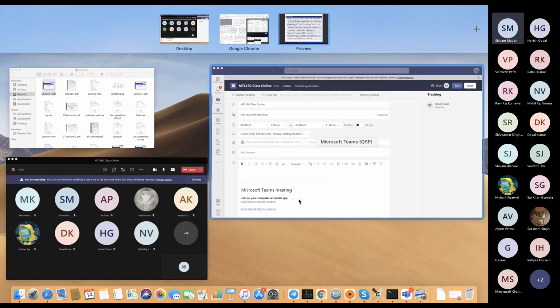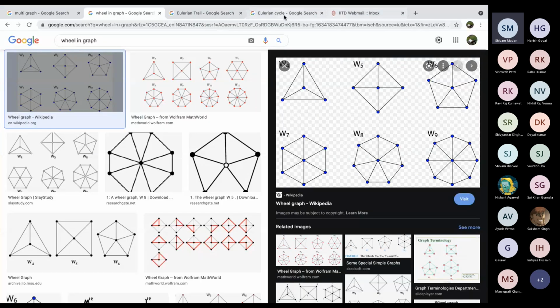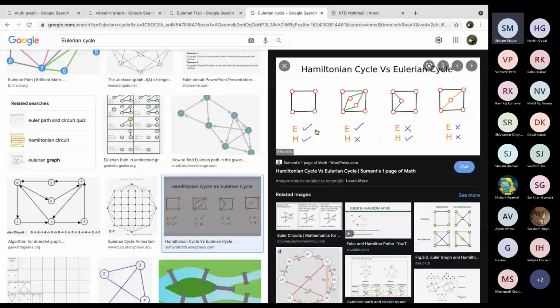Okay, we can see one I have. For an example, you can see this picture. Now E means Eulerian, H means Hamiltonian. Now see, if you take only this graph with 4 vertices, 4 edges, this is just a cycle. Now you can see that this is also an Eulerian graph and this is also a Hamiltonian graph.